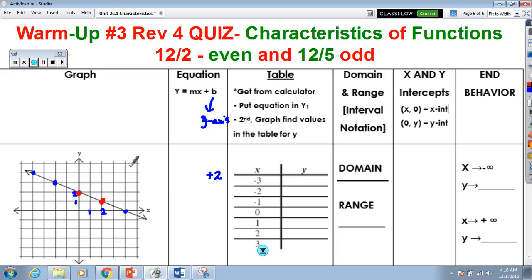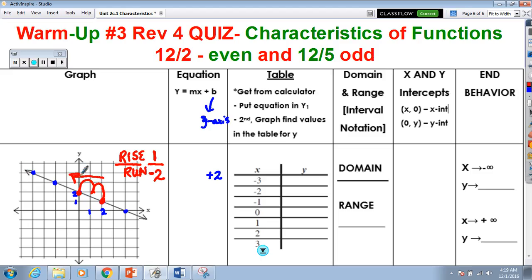So we're using rise over run. Alright, I have to go up 1, so that makes my rise 1. And I have to run 1, 2, but I'm going to the left, so that makes that a negative 2.